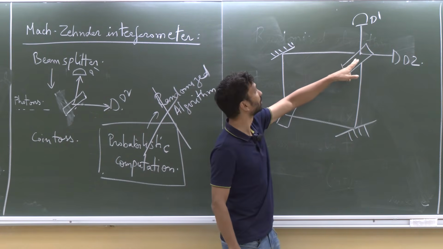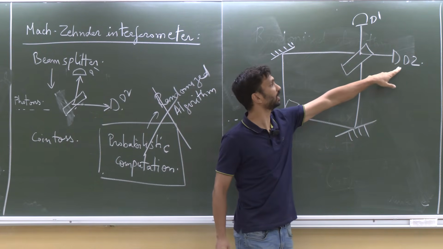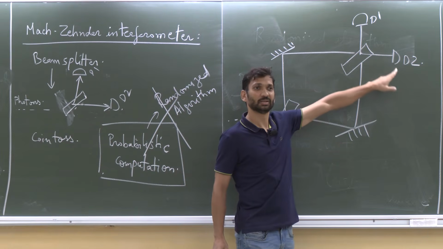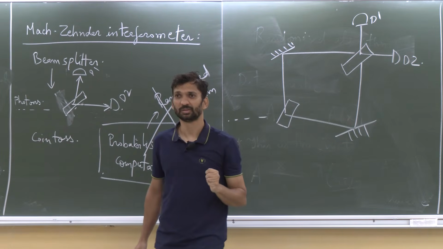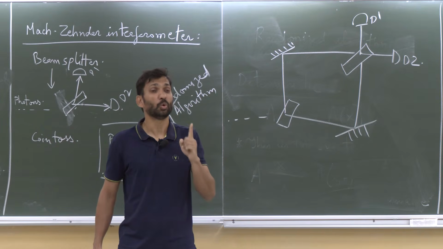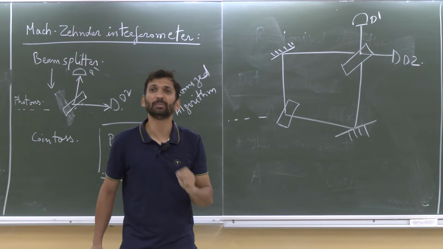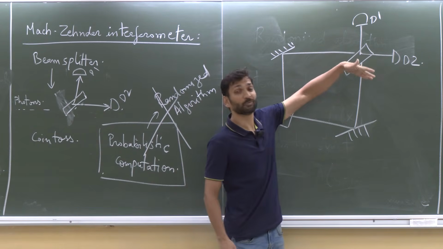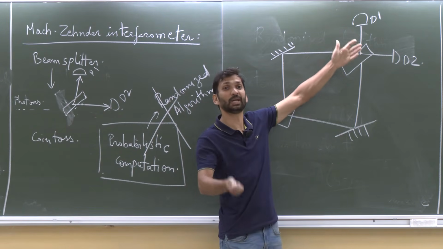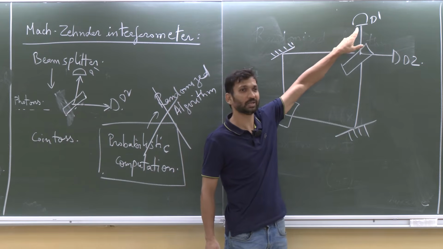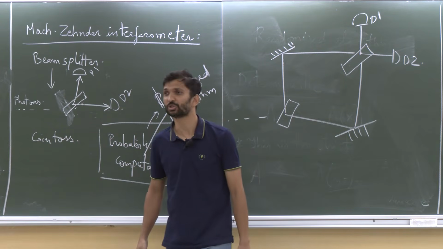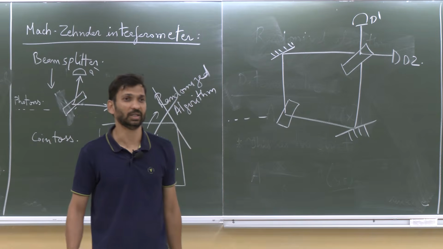And then once more, the light can go up, can go straight. I can detect it using these two detectors. Correct? Now people who have not heard of Mach-Zehnder interferometer, tell me with what probability should I see the photons at detector 1, and with what probability at detector D2.